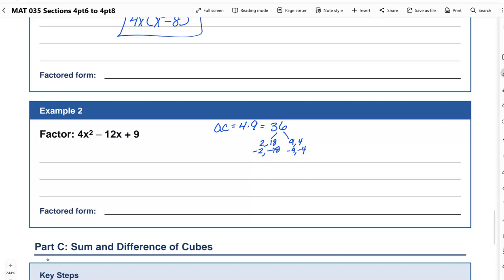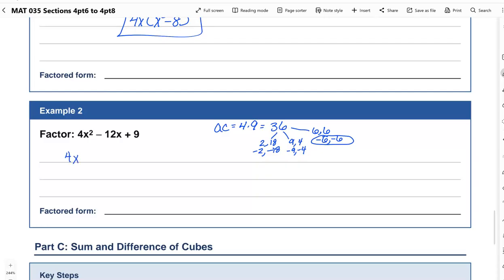That's not quite where we need it. We need it to be a negative 12. So let's try 6 times 6 and negative 6 times negative 6. And there's my combination. Negative 6 and negative 6.